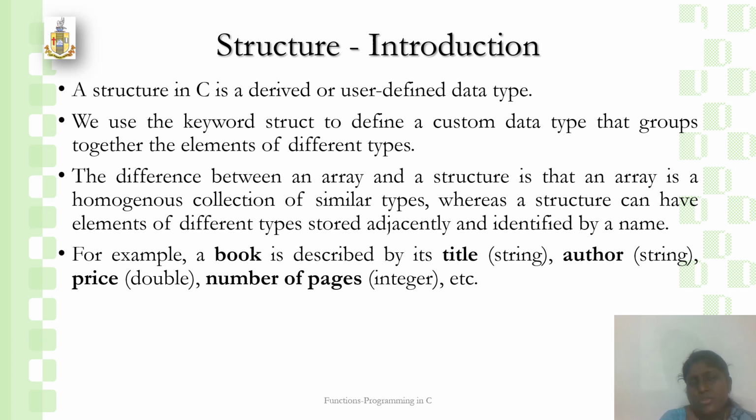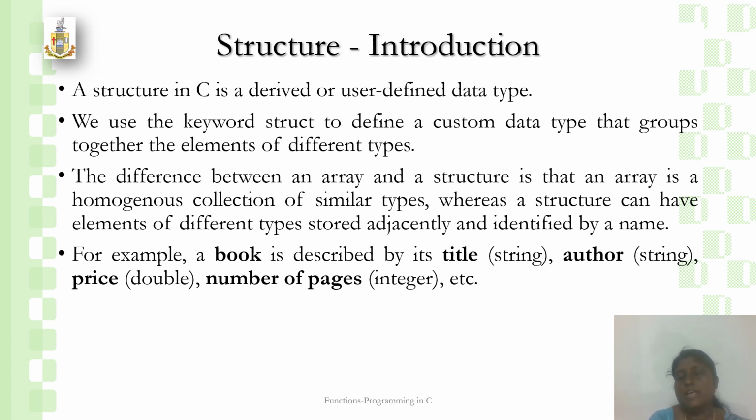So we usually define different types of data types into a single format, which is called a structure. An array is where we declare the same integer type data to be clubbed. Here, with a structure, we are trying to accommodate different types of data into one particular type.